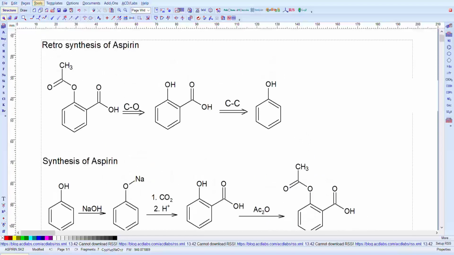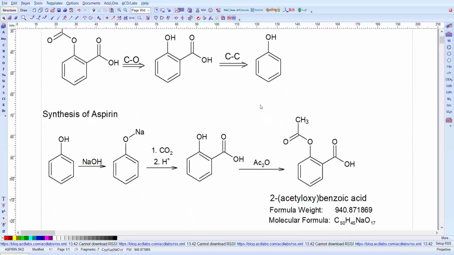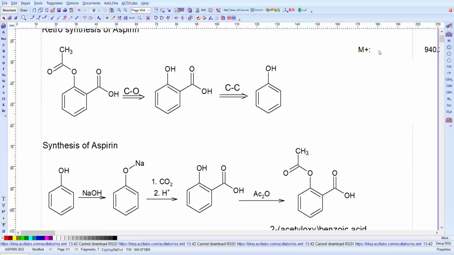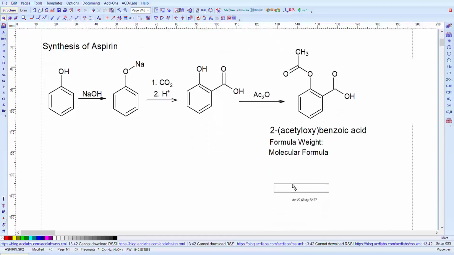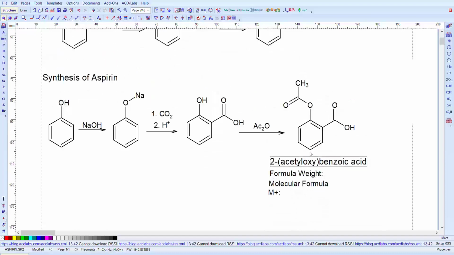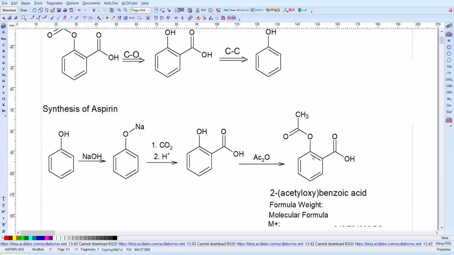Then again click the tool and calculate M plus. This is the M plus ion peak if we are looking at mass. Okay, so that is the IUPAC name, and if we look at the IUPAC name of phenol, it is only phenol. So this is the phenol.